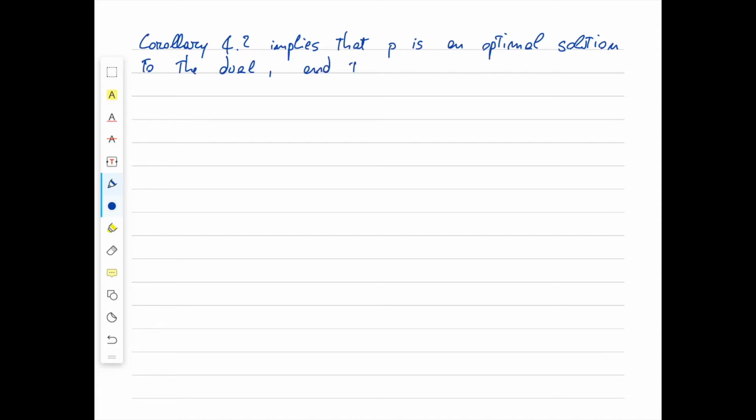Corollary 4.2 implies that P is an optimal solution to the dual, and the optimal dual cost is equal to the optimal primal cost. And this concludes our first part of the proof.